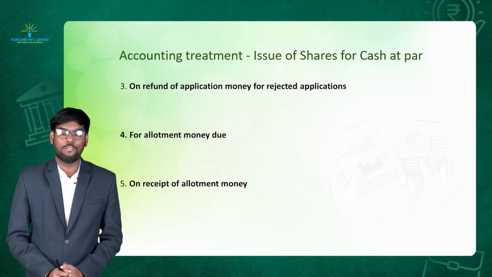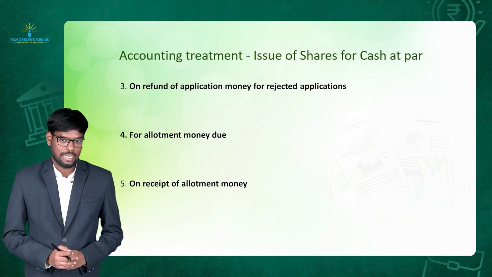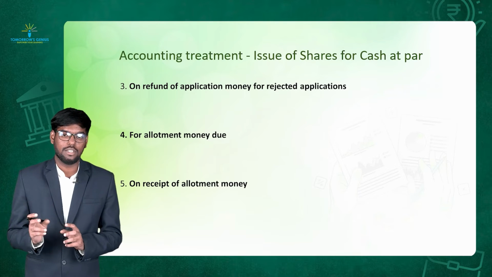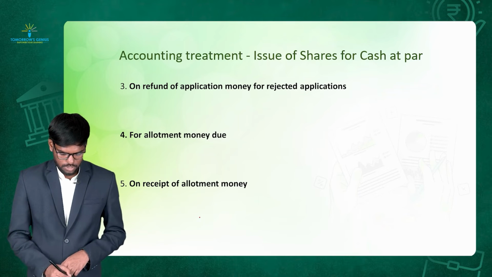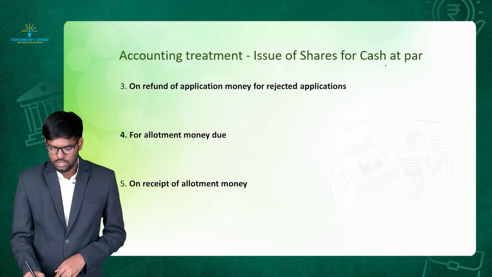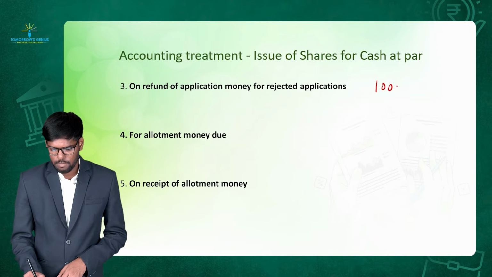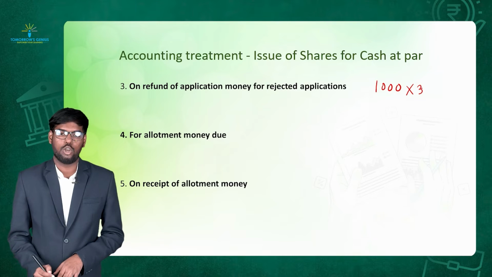After passing journal entry for receipt of application money and transfer of that application money towards share capital account, another important element is refund of money on the applications which are rejected by the company. So what does it mean? For example, application received by company for 1000 number of shares, and as per our example, company is calling 3 rupees along with the applications.